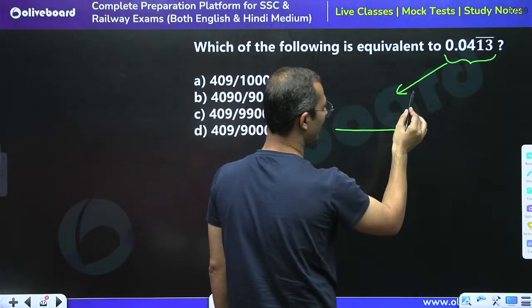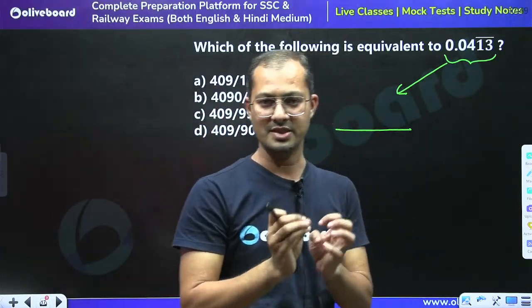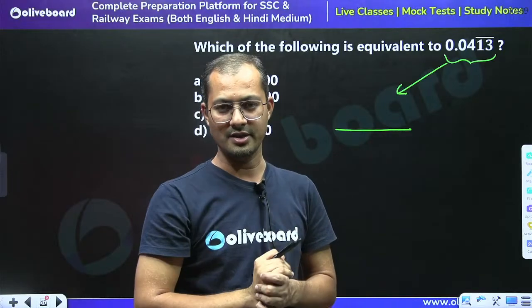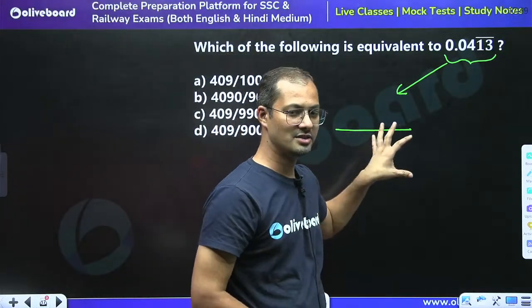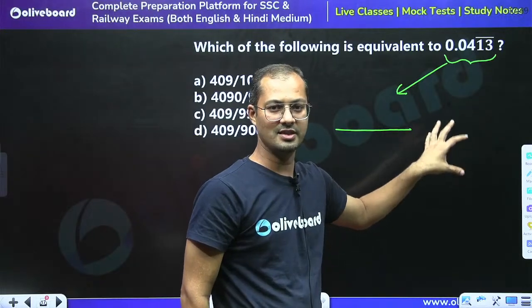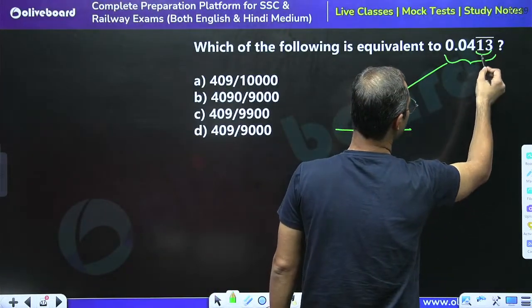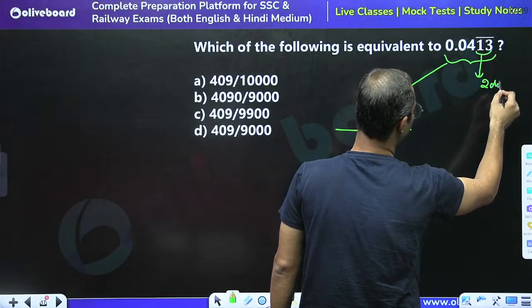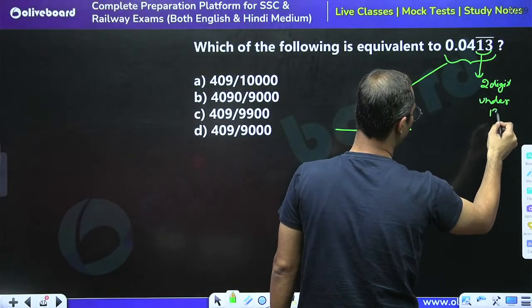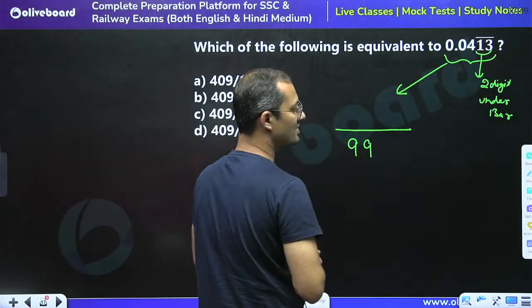Just take as many 9s as the number of digits under the bar, right? Take as many 9s in the denominator as the number of digits under the bar. So we have only 2 digits under the bar, so we are going to take 99. And how many 0s?